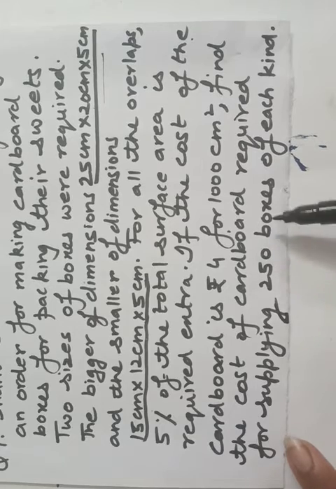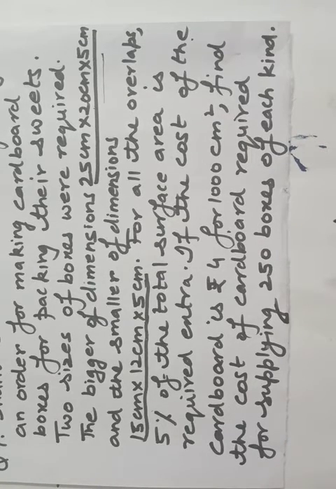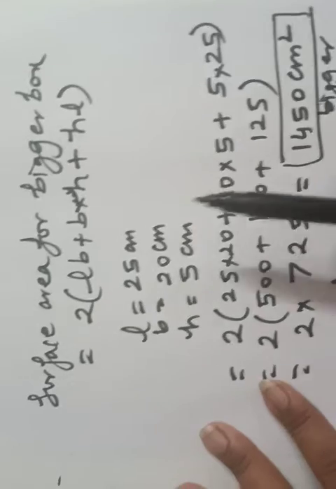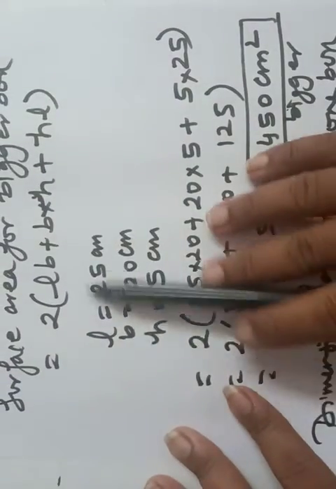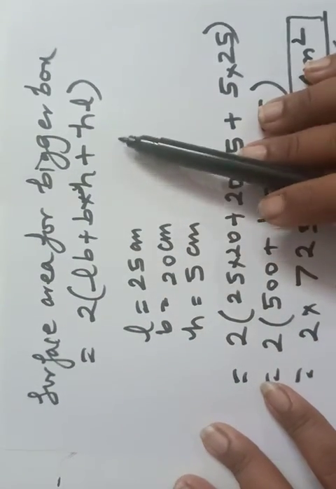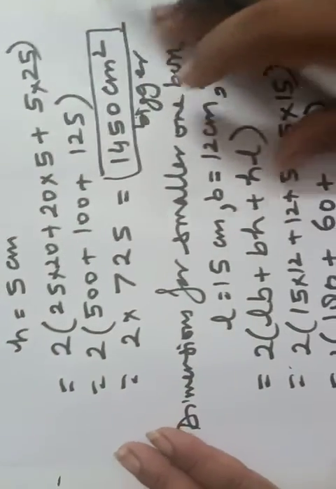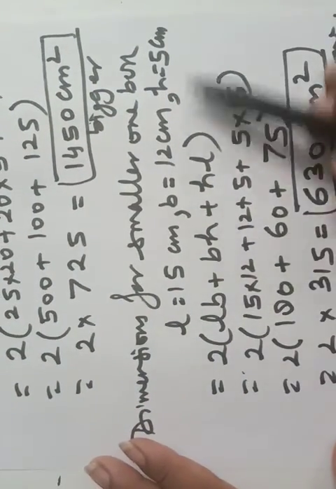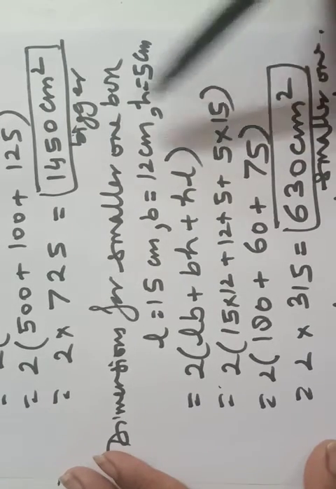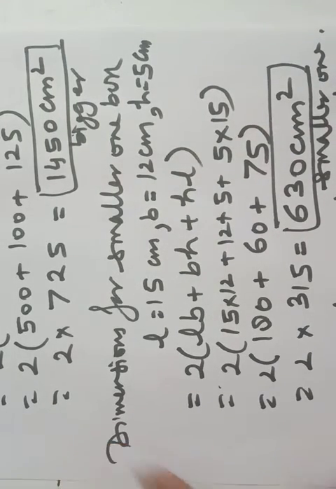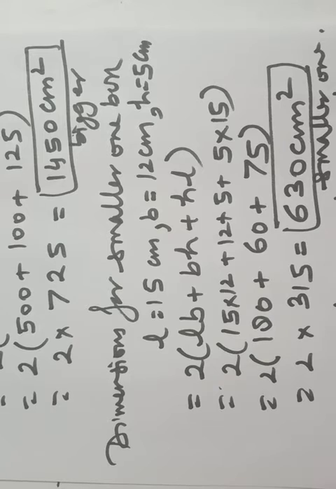We need to find it for 250 boxes. So we first found it for one box. For the bigger one we found the total surface area using the surface area of the cuboid, because the sweet box is of cuboid shape, and the smaller one has different dimensions only. By adding, we get the area of the total cardboard for one box when the bigger one is inside.